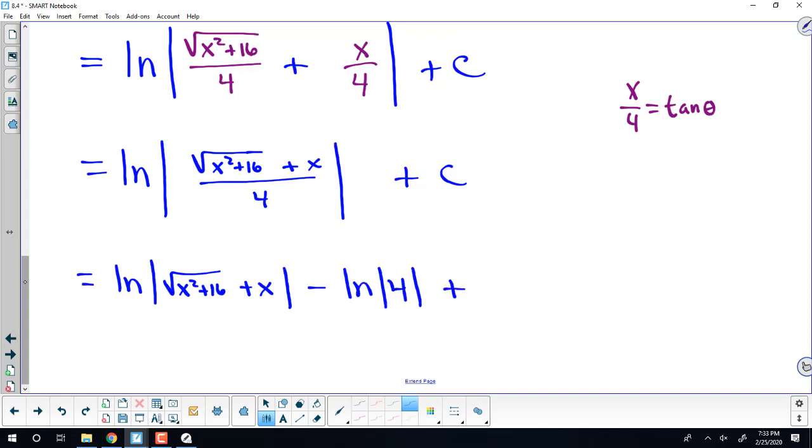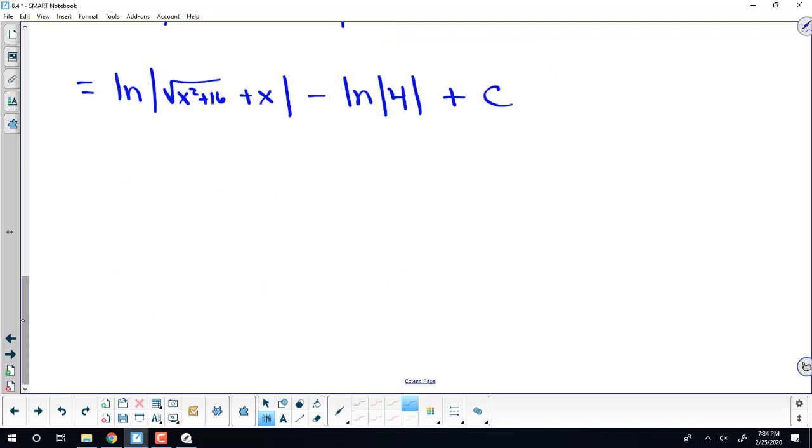Again, what we're doing after this point is not totally necessary. And what happens with the minus ln of 4? Well, that's just another constant, right? So we absorb that constant in with our plus c, and we just have some other constant. We know when we do definite integrals that the constants don't matter because they end up subtracting out.